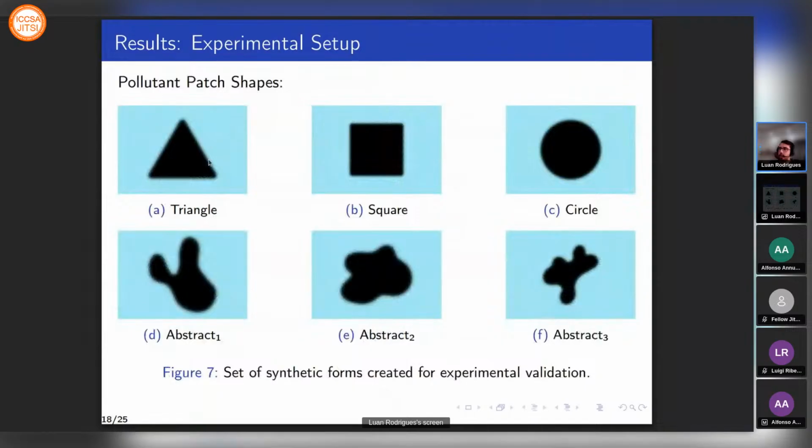So here are some examples of the pollutant patch shapes. Some of them were traditional shapes like triangles, squares, and circles. The others were abstract shapes, like this one in the form of a DF.